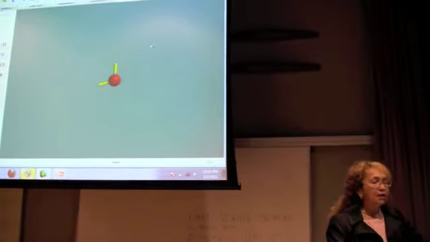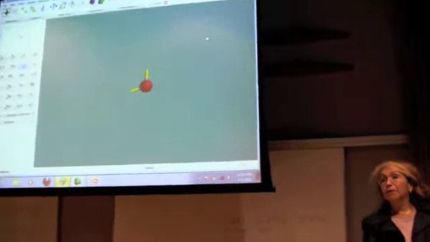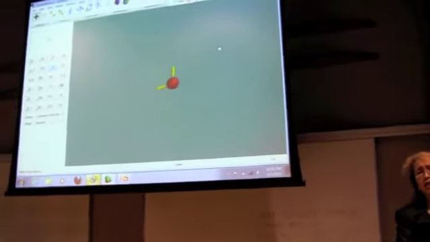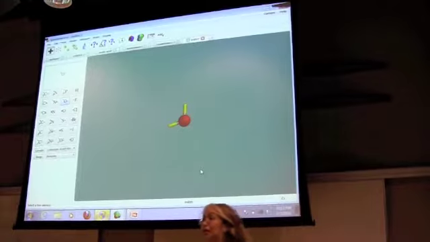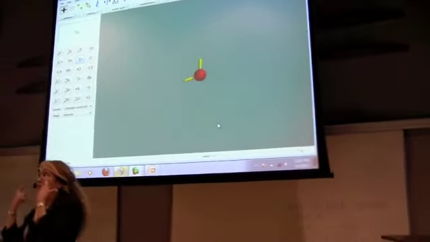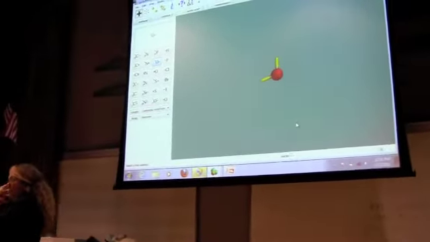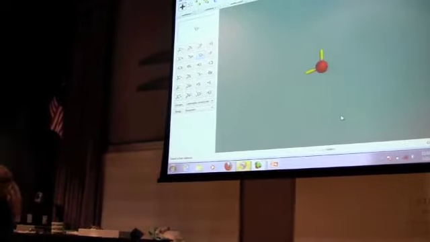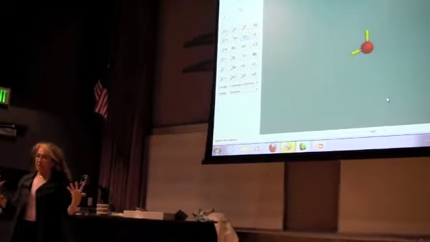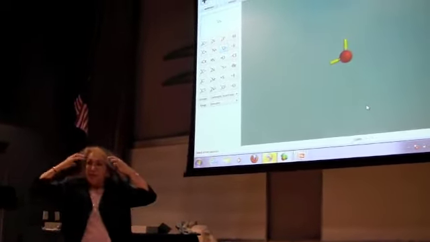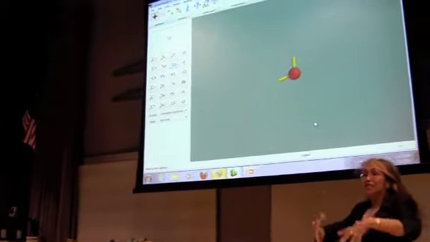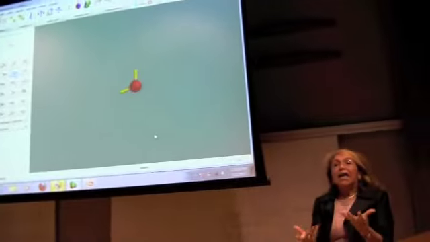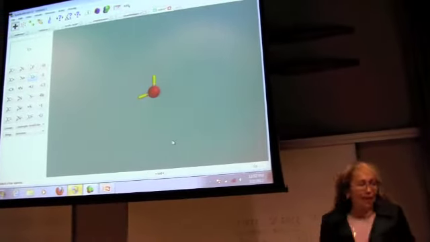Now let me just show you the last example that I'm going to show you. I started this presentation telling you that we scientists, we chemists, observe materials around us, we observe substances, compounds, and then we try to put a model together and understand what is happening at the microscopic level.